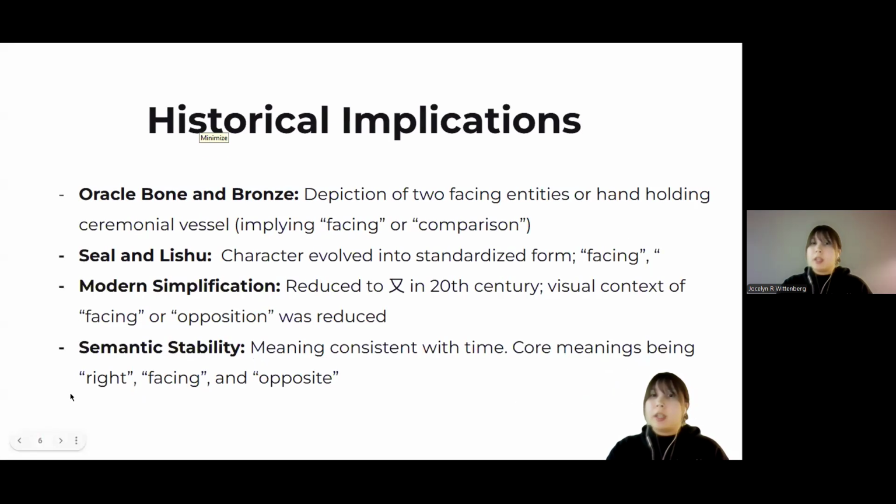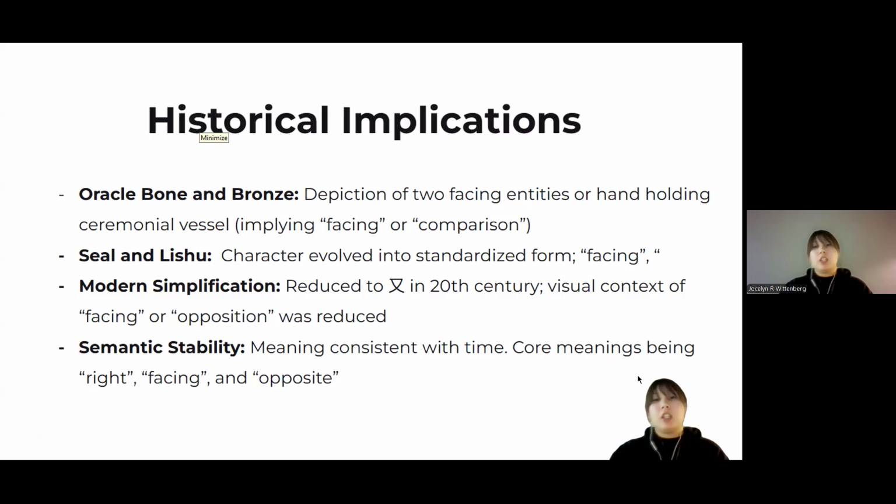Moving on to its historical implications. It was originally depicted in the oracle and bronze inscriptions, depicting two facing entities or holding hands next to a ceremonial vessel, again with that divination purpose, implying facing or comparing the two together. It's also used in Xie Li Shu Tong, the character evolving into more of the facing, again, more of a comparison as well.